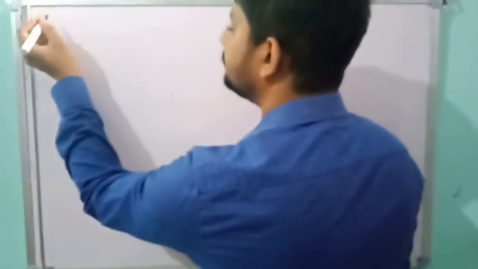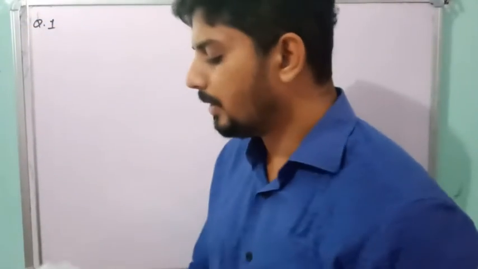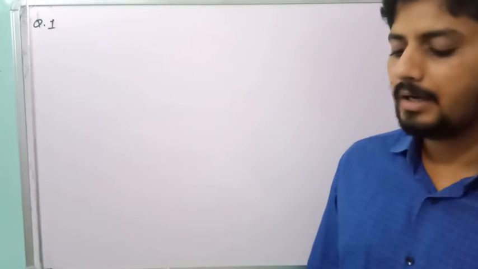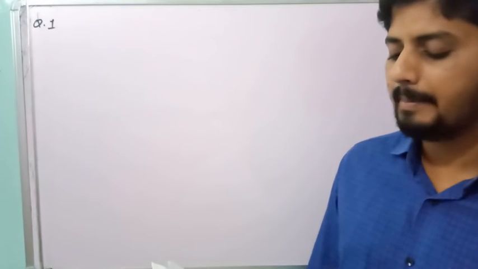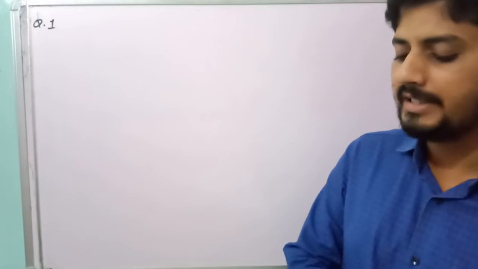Question 1: the percentage error in the mass and speed are 2% and 3% respectively. What is the maximum error in kinetic energy calculated using these quantities?